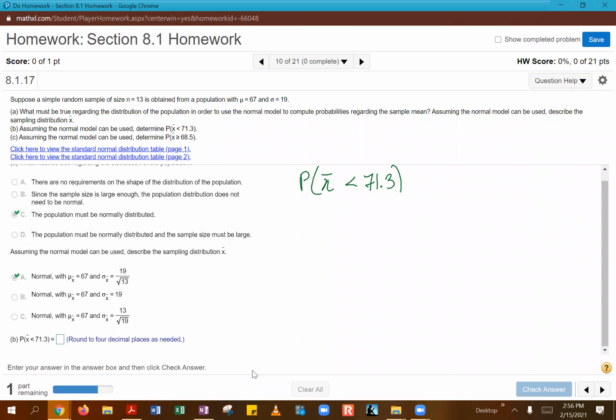So here, we will need to calculate Z equals X bar minus mu sub X bar divided by sigma sub X bar. Like I said, our X bar value is going to be this 71.3.